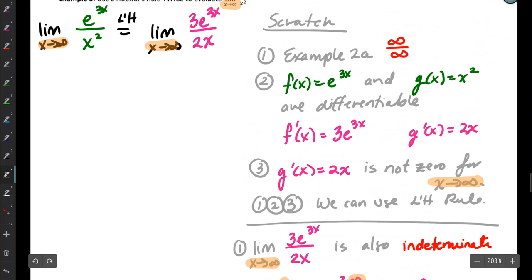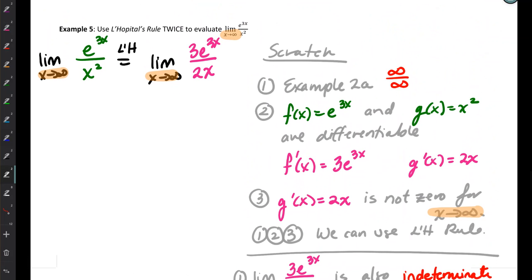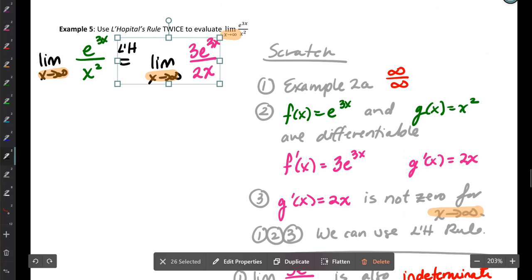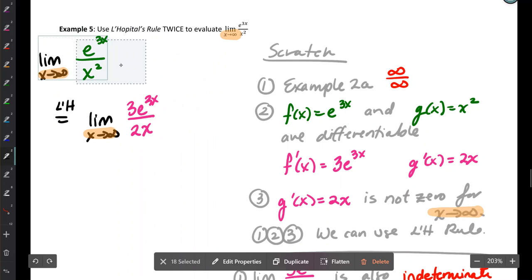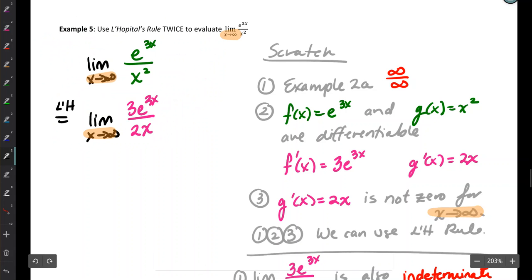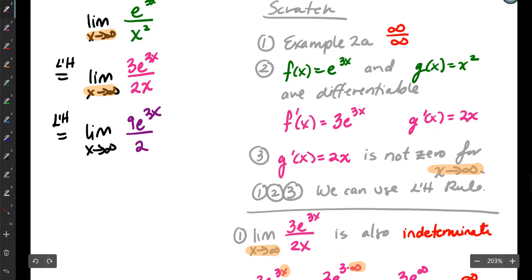All right, so by using L'Hopital's rule again, that's the limit as x approaches infinity of 9e to the 3x all over 2. And now we don't have an issue with plugging in.